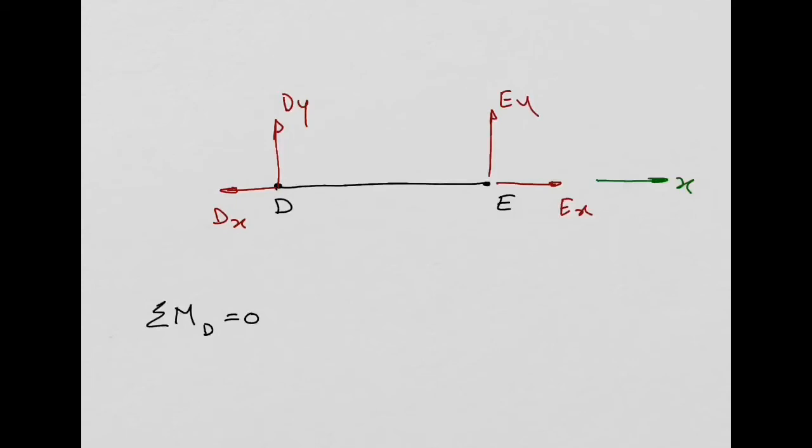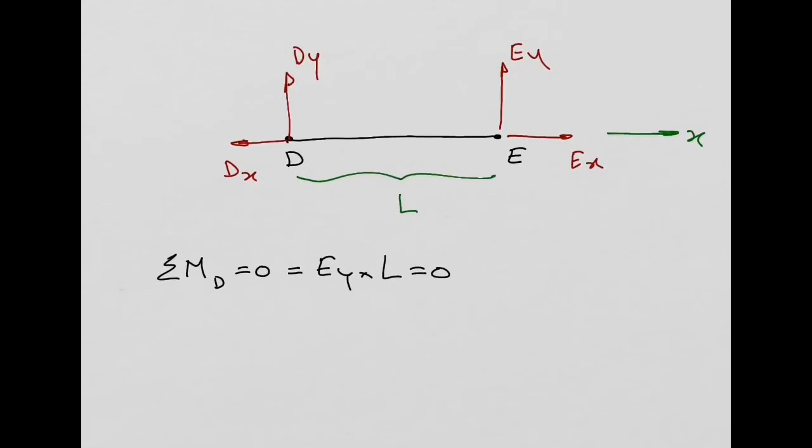And that moment is equal to the force Ey times this distance, which is the length of my strut. I will call it L, for example. So Ey multiplied by L is the moment produced by Ey, and this moment needs to be equal to 0 so that the strut is in equilibrium.